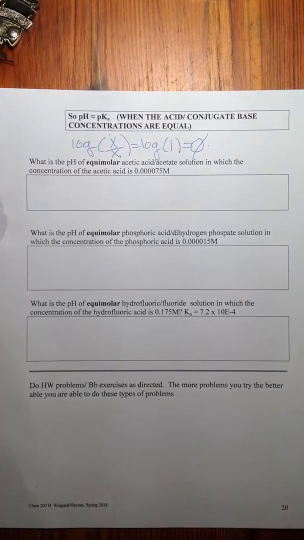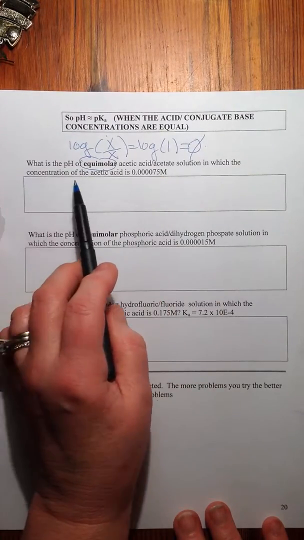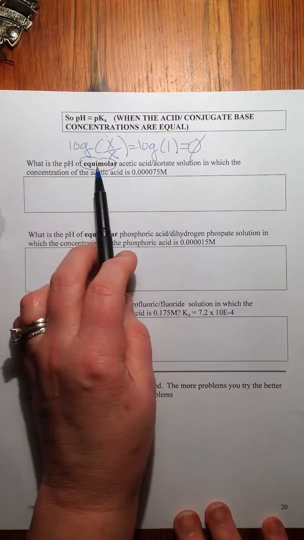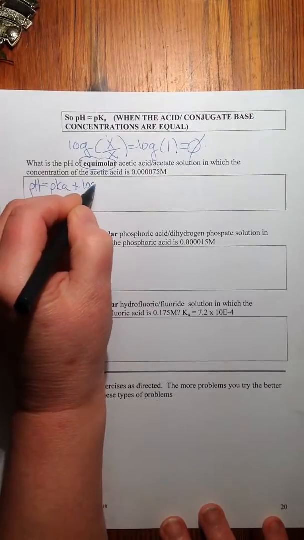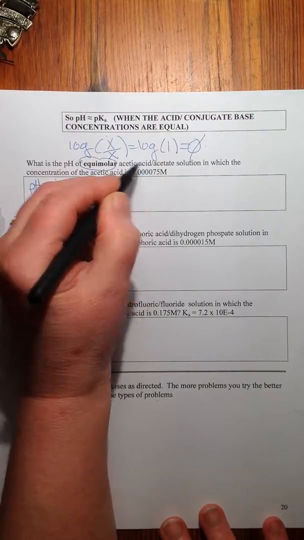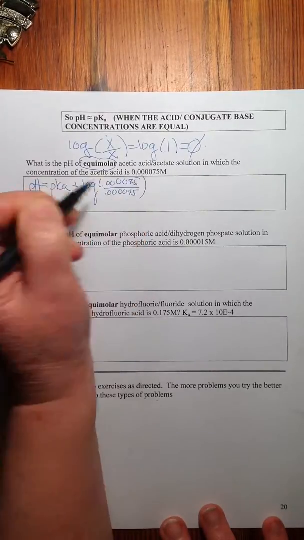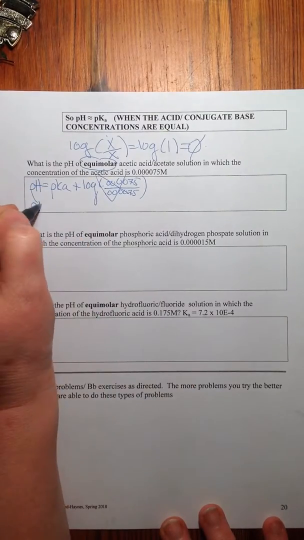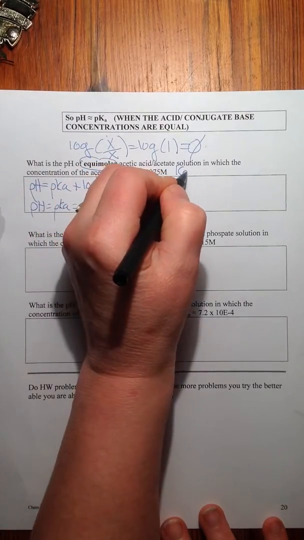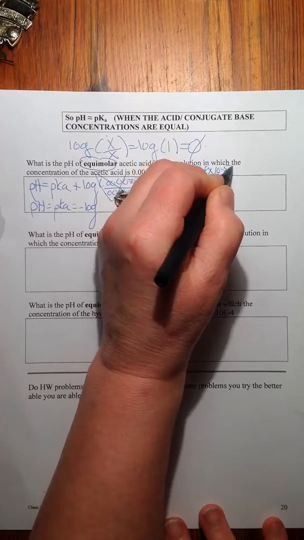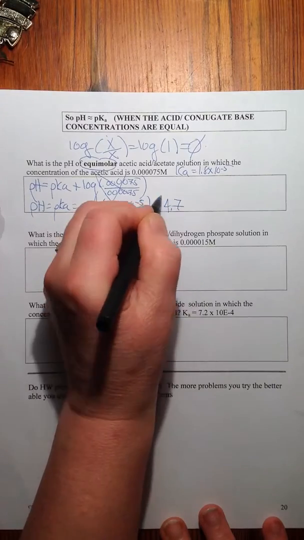Okay, so what is the pH of equimolar acetic acid, acetate solution, concentration, blah, blah, blah, because we don't care, it's equimolar. pH equals pKa plus the log of 0.0075 over 0.0075. That's the log of 1. pH equals pKa, negative log of the Ka, which is 1.8 times 10 to the minus 5th, which is equal to 4.7.